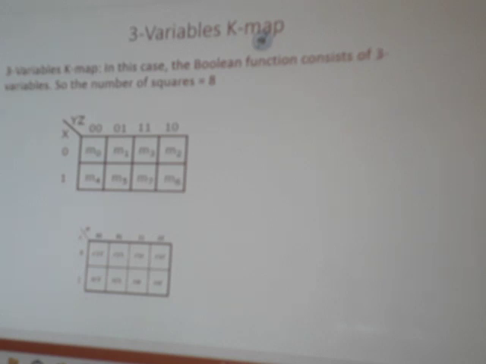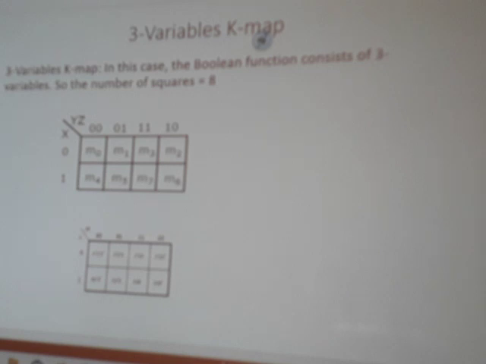So again we draw the K-map having different terms. m0 is equal to x'y'z', and this term is written by keeping in mind the rules to write the minterm. Similarly, other minterms are written in the different squares.